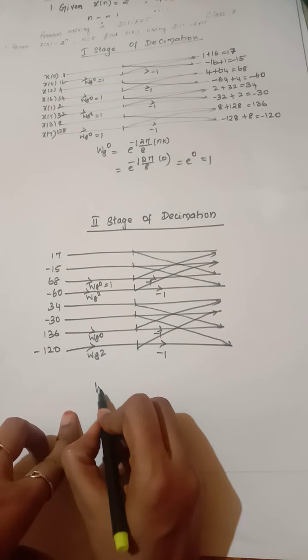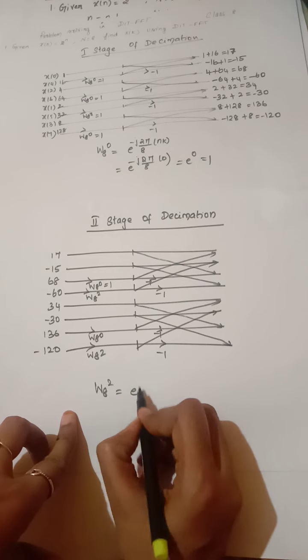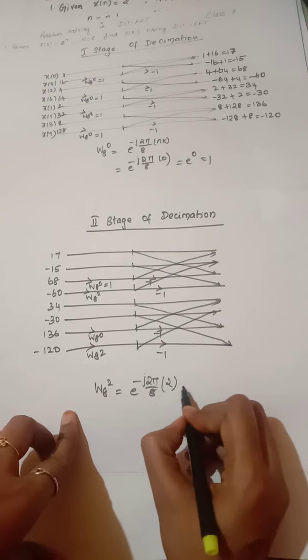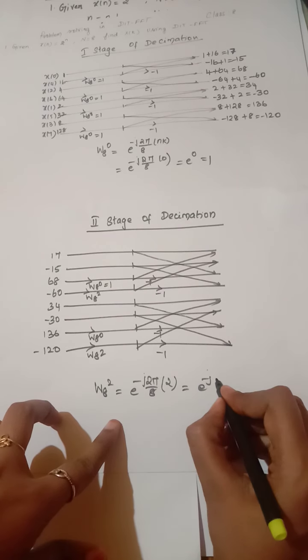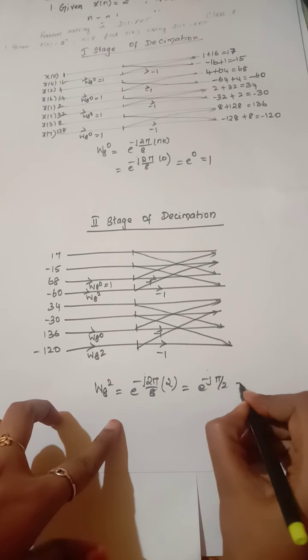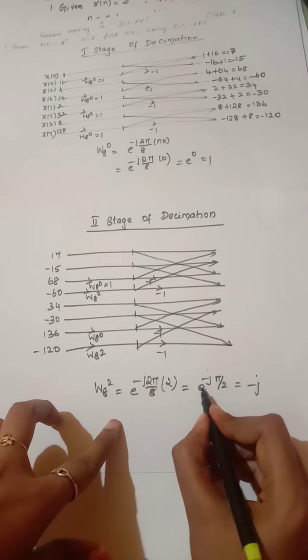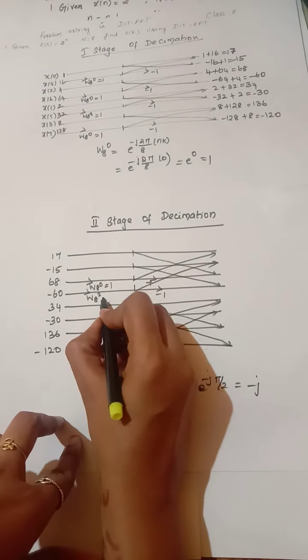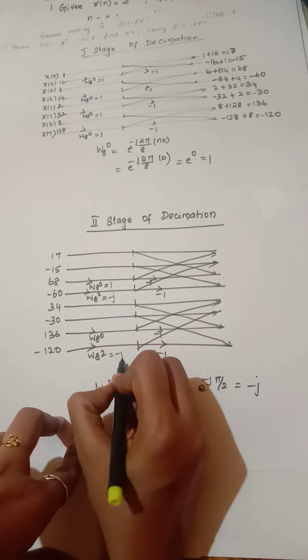There we got w8 power 0 as 1. Here it is e power minus j 2 pi by 8 into 2, which is nothing but e power minus j pi by 2, which is equal to minus j, since cos pi by 2 minus j sin pi by 2 gives the value minus j. So the value is minus j in this case.